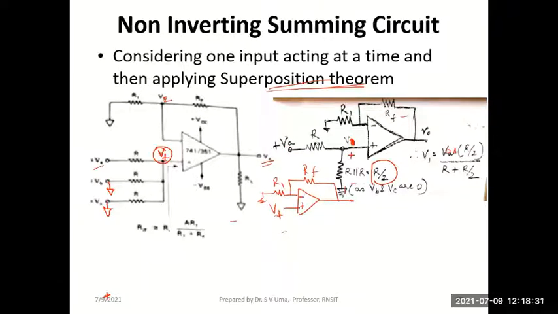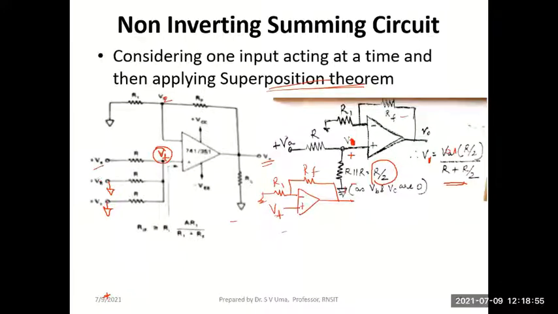VA into R by 2 divided by R plus R by 2. Therefore, the voltage V1 at this point is the input voltage VA into R by 2 divided by R plus R by 2.